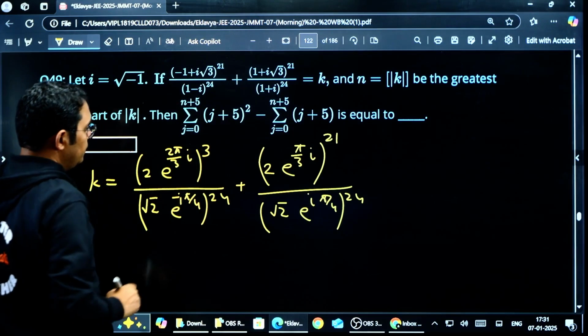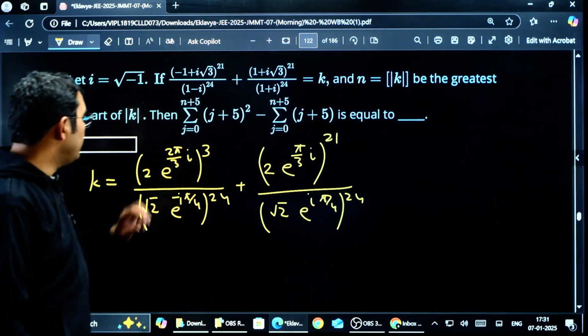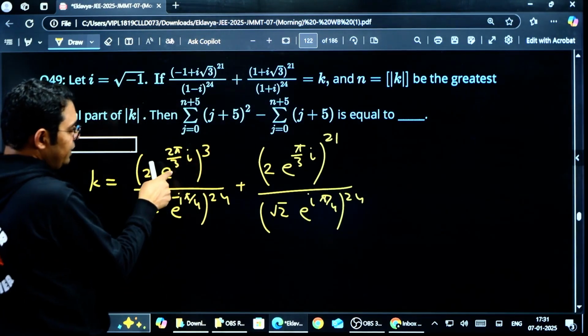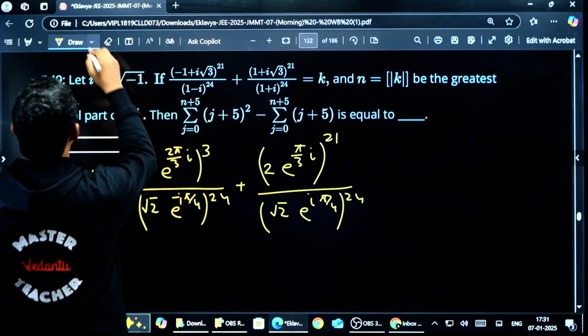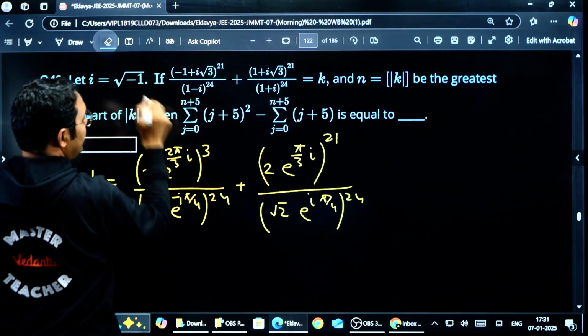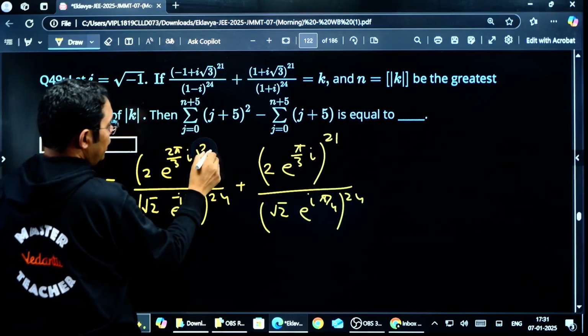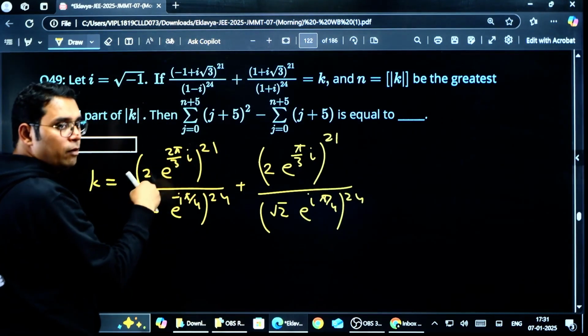Iota everywhere. Now, if 3 is multiplied with this, it will become e power 2 pi iota. Sorry, it was not 3, it was 21 actually. So 21, if you multiply here, it will become e power 14 pi.